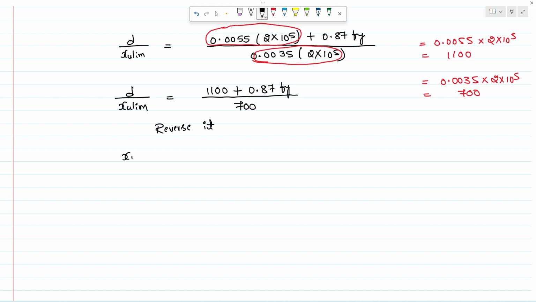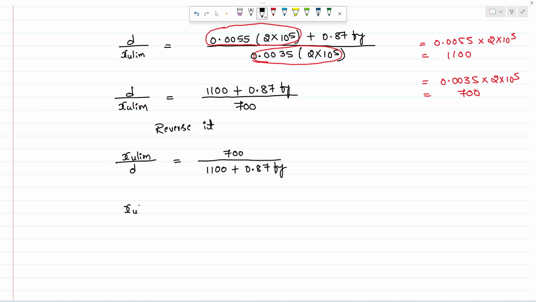So it will be XU limit divided by D equals 700 divided by 1100 plus 0.87 Fy.